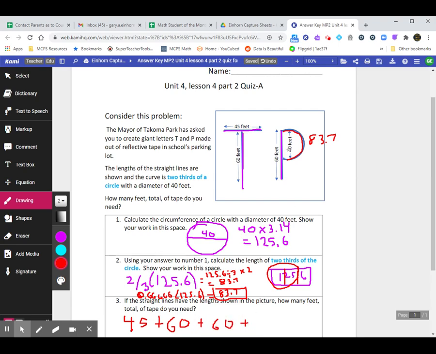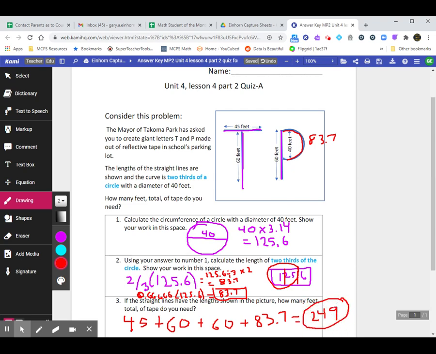And the curved part of the P is 83.7. When we add all those up, 45 plus 60 plus 60 plus 83.7, we get 248.7, or about 249. So anything around 249 would be the correct answer for your quiz.